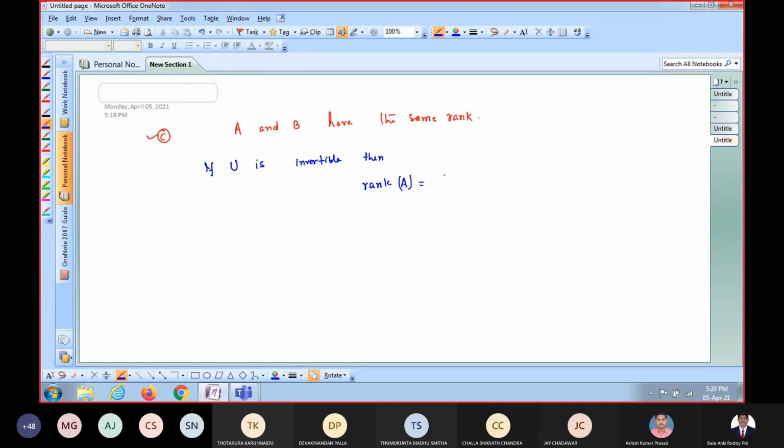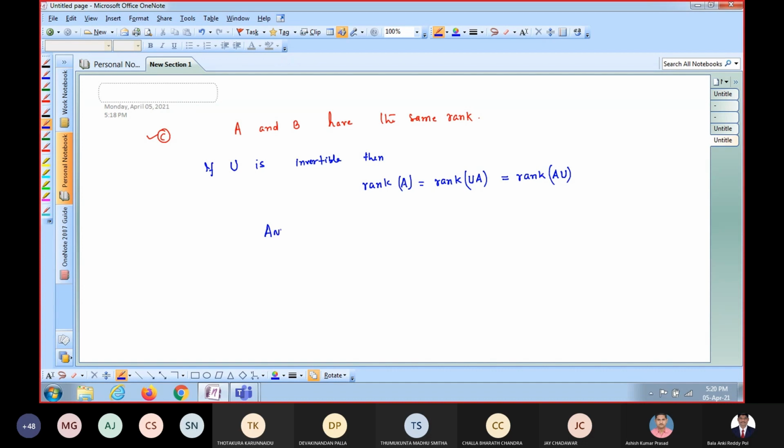The rank of A will be equal to the rank of UA, right? And what about the rank of UA? This is equal to the rank of AU. In the case of invertible matrices, if U is invertible, then we have this equality, and we are going to use this one.